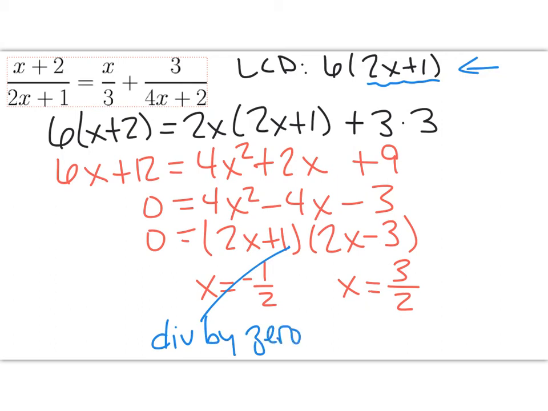If we went back and checked this again with the 3/2, what we'll find is that 3/2 will work. Plug it back in, we'll have 6 times 4, which is 24. That certainly isn't 0, and so 3/2 works and negative 1/2 didn't. So the only solution to this problem is x equals 3/2.